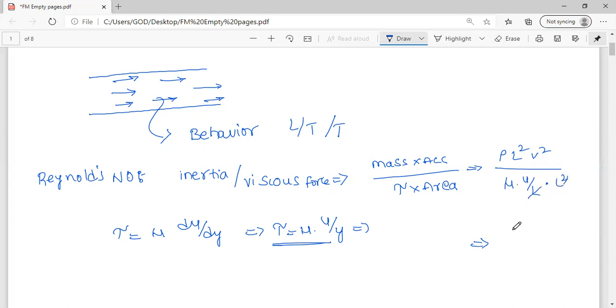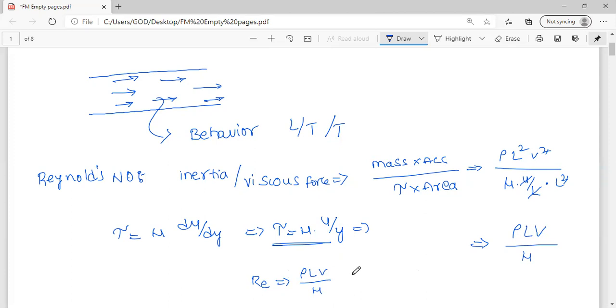Then what are the remaining terms we have? U is velocity. One time of velocity is gone. Then you will get rho LV by mu.